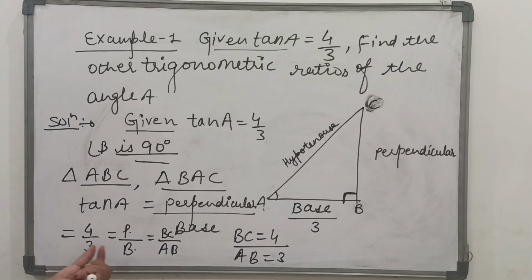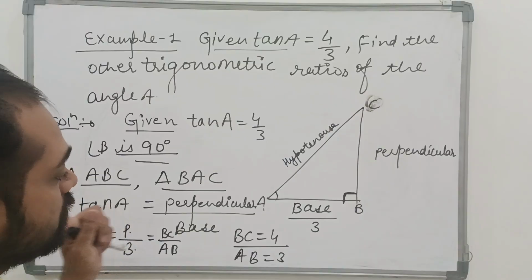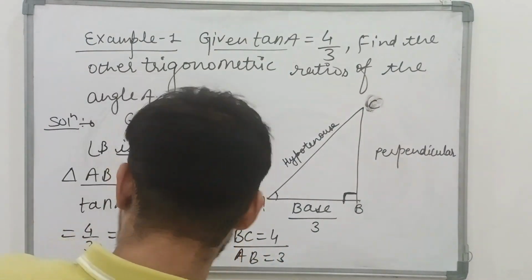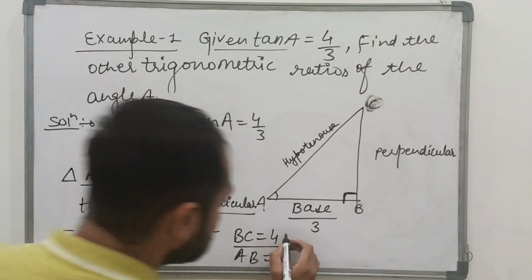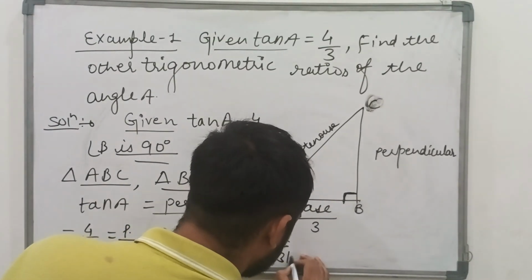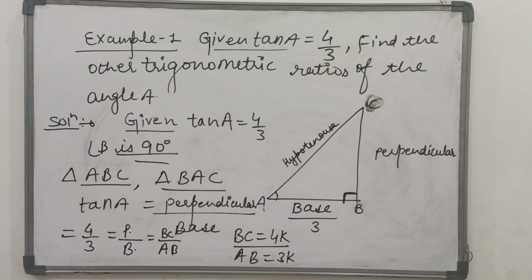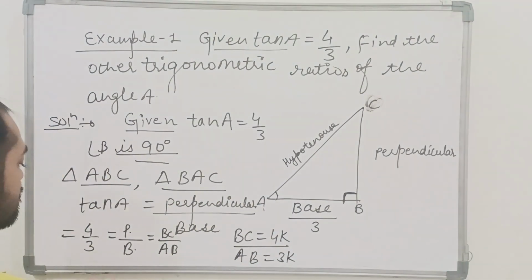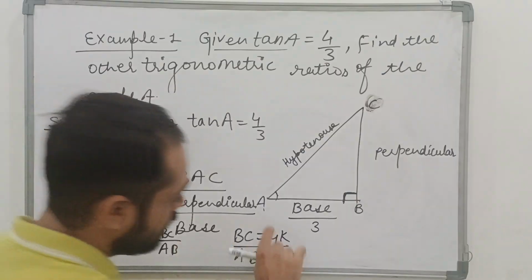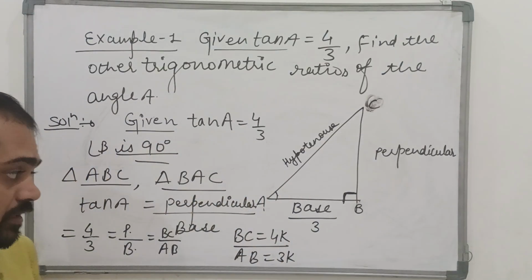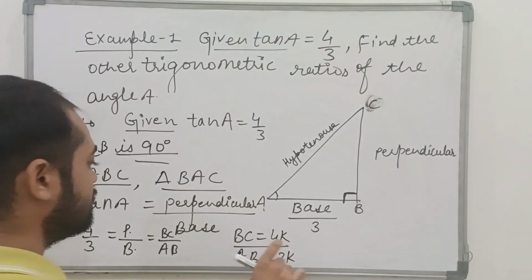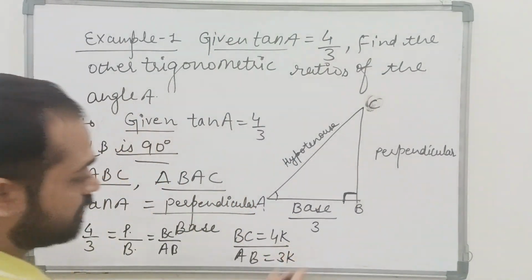Listen carefully. When we solve the ratio, we must multiply it with a constant, K. K is a constant value. When the ratio is converted into digits, we multiply by the constant value, like this, 4K or 3K.